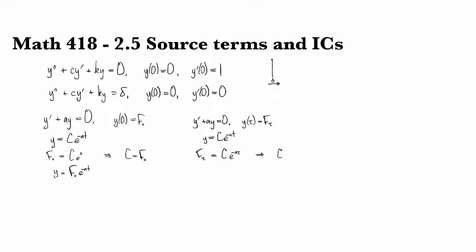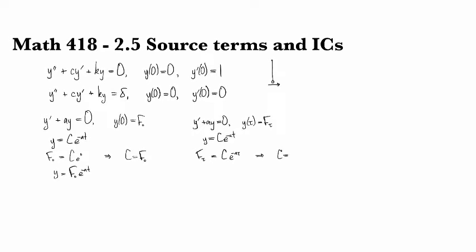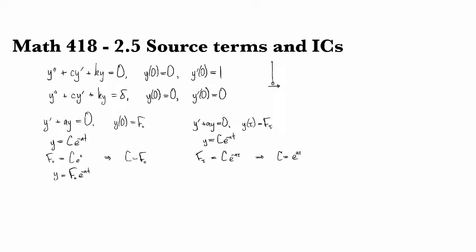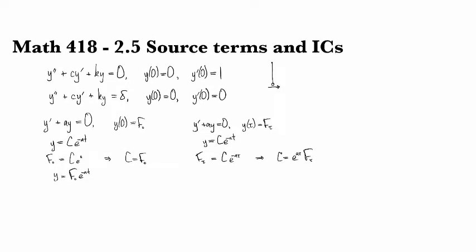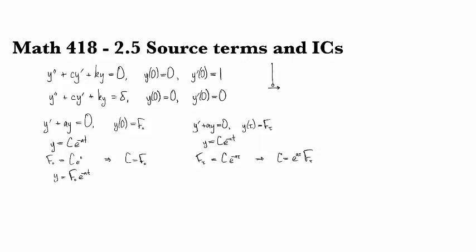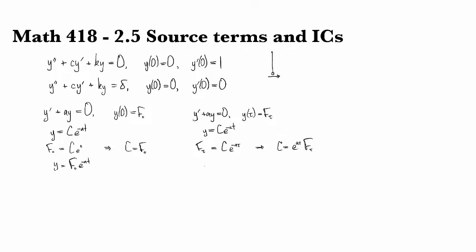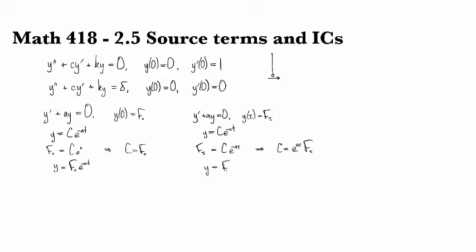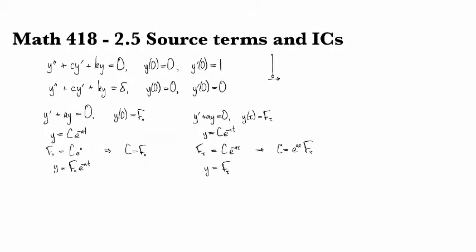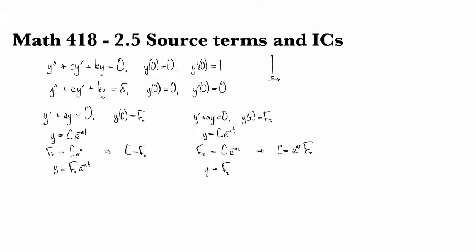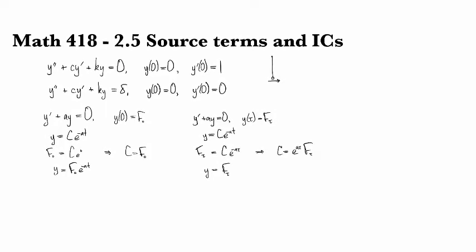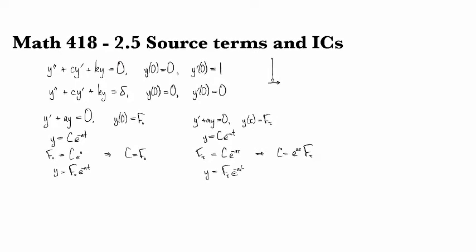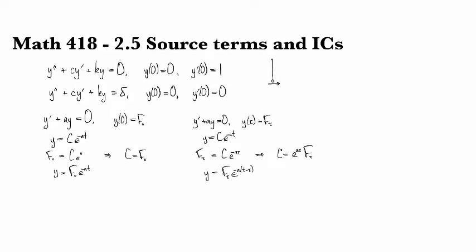So this time your c looks like e to the a tau times f sub tau. So our solution is f sub tau, and then combining the e to the a tau with the e to the minus at, we have e to the minus a (t minus tau).